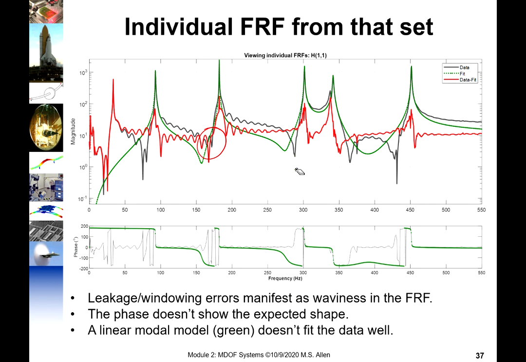Also, looking at the phase is often telling. The response is always quite peaky, but the phase should have these nice phase shifts of 180 degrees every time we go through a resonance. Here's one that actually looks pretty good, and maybe there. But in many of these, the phase is really jumping around, so you can tell that things are noisy.